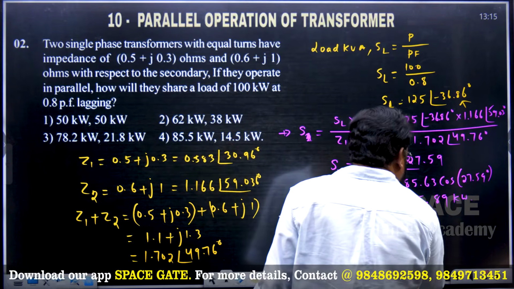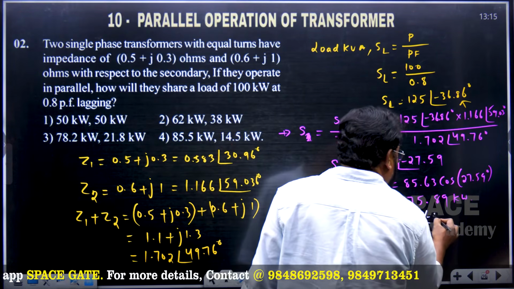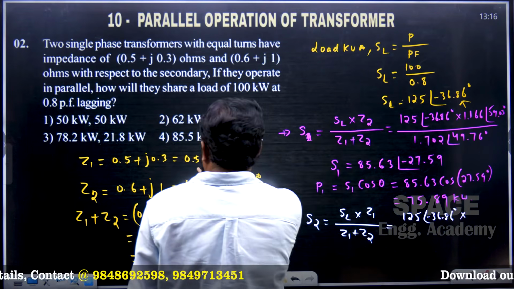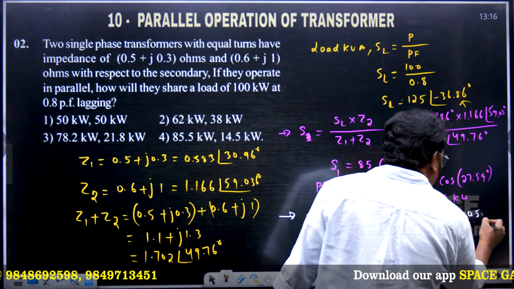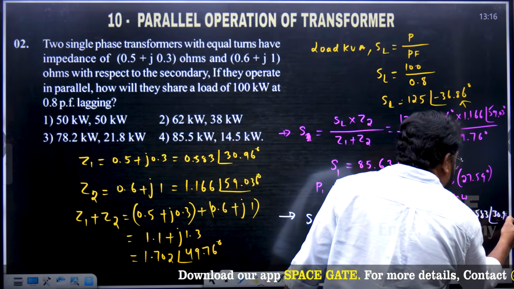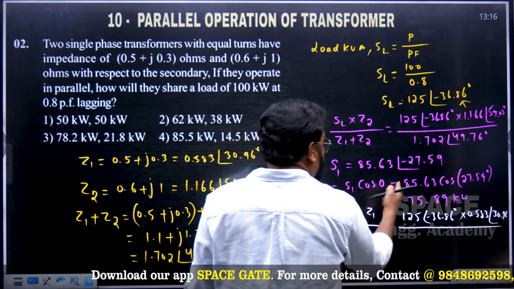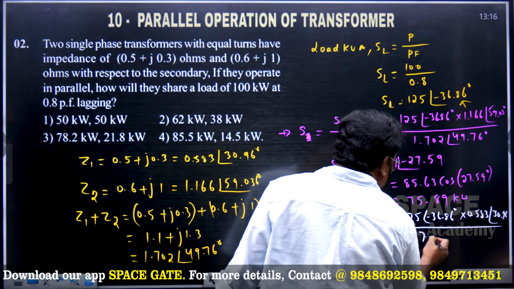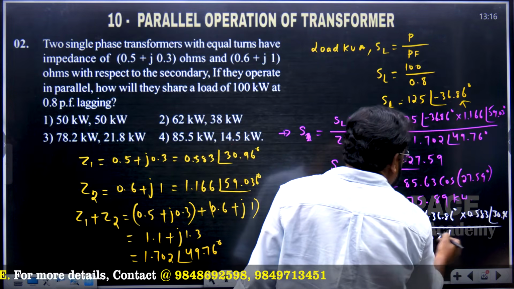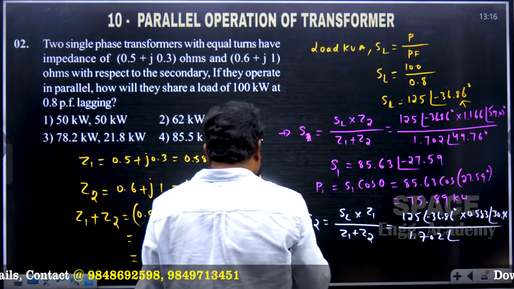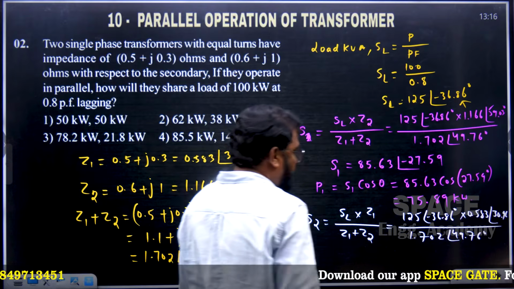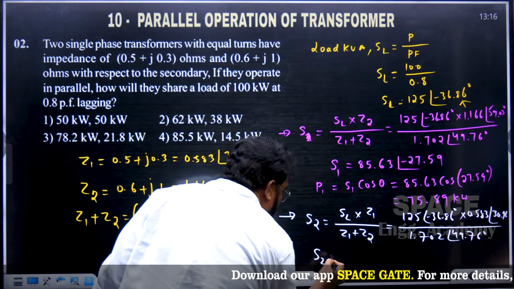And this load KVA is equal to 125 at an angle of minus 36.86 degrees, and Z1 is equal to 583 at an angle of 30.96 degrees, divided by Z1 plus Z2, which is equal to 1.702 at an angle of 49.76 degrees. Okay.